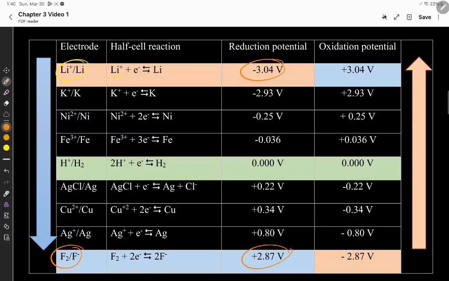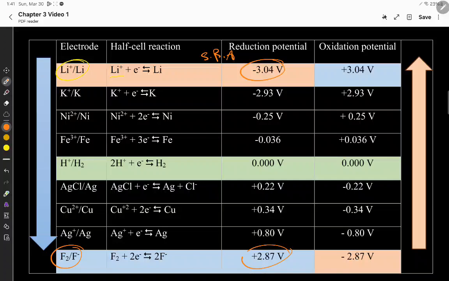Now let's see here. As we go up, the reduction potential decreases, it becomes more negative. So the value becomes less. When the reduction potential decreases, the strength of the reducing agent will increase. As we go up, we have a strong reducing agent.